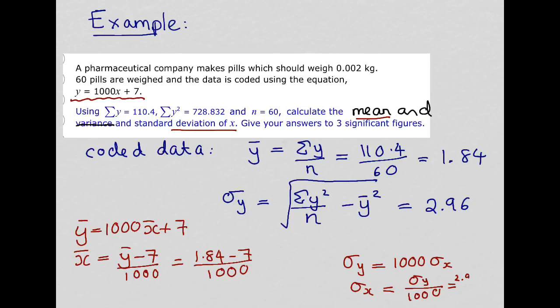So 2.96 divided by 1,000. I make that x bar comes out to be something pretty small. I've got negative 0.00516 and I've got my sigma x to be 0.00296. So these are particularly small numbers, so you could probably see why we'd want to code that to make the numbers more manageable for us.